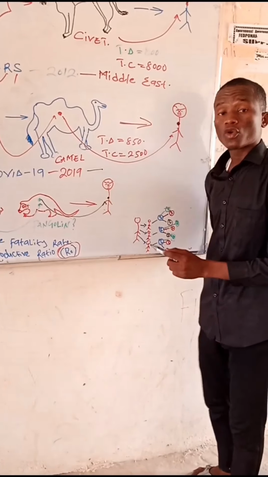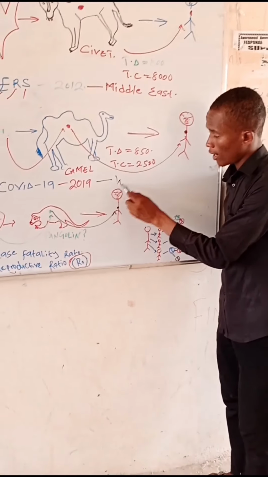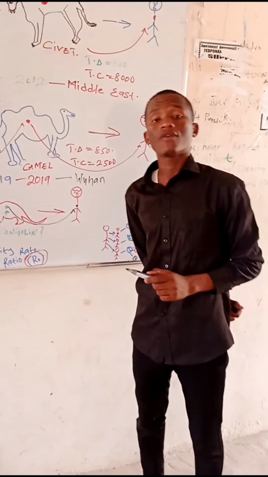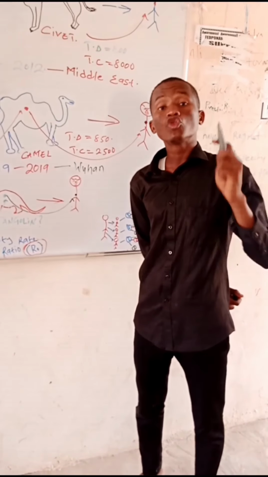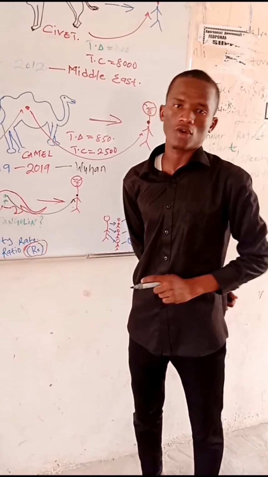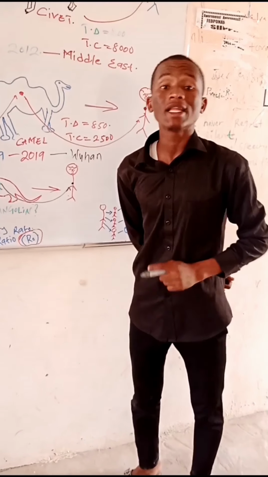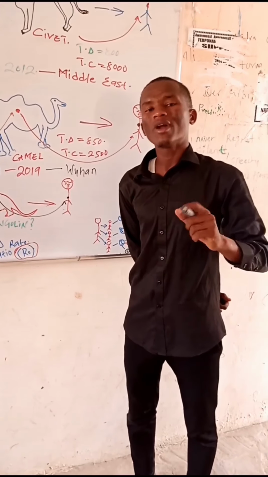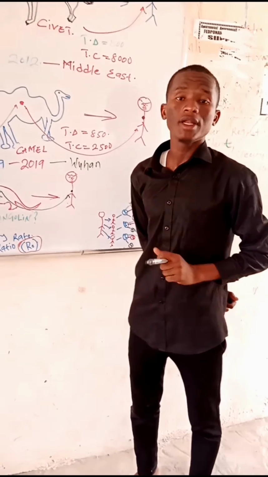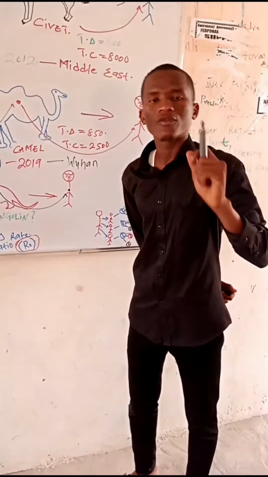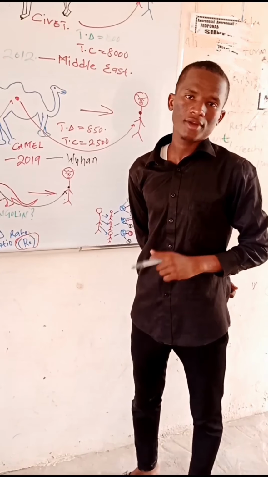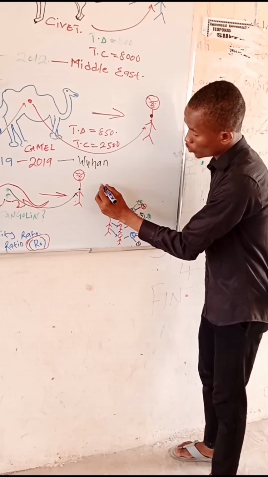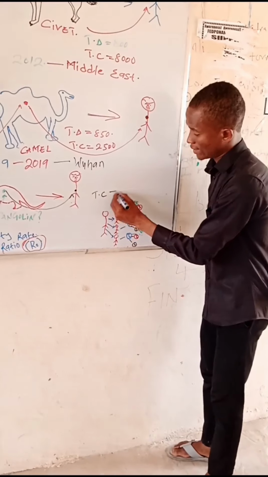The first case of COVID-19 was reported in Wuhan, and as of today, 22nd April 2020, we have 2,565,059 total cases and about 177,496 total deaths. Write down this number. So this is the number of total cases we have for COVID-19.